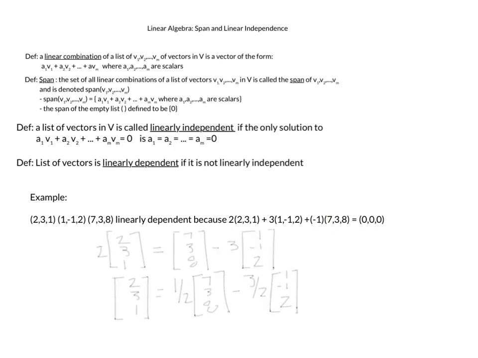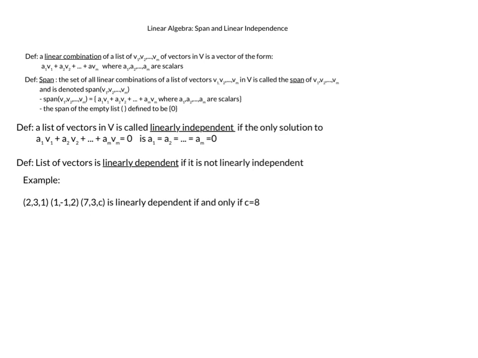Another way of looking at this is they're linearly dependent because one of these vectors, and you could have chosen any one, but I chose 2, 3, 1, is equal to the 7, 3, 8 minus 3, 1, 1, 2. And if I really wanted to construct 2, 3, 1, I would divide everything by half. So essentially, they are dependent because one of the vectors can be composed from the other two.